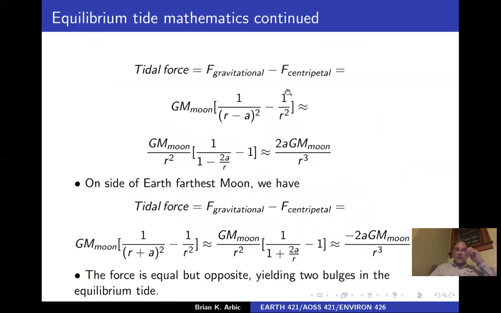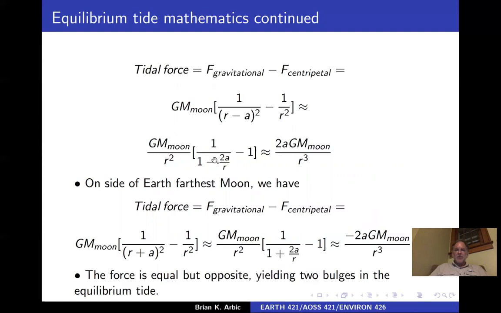And so the tidal force is the difference of the gravitational and centripetal force. So that's G m moon times 1 over r minus a squared minus 1 over r squared. And then you can write that as G m moon over r squared times the quantity 1 over this thing minus 1.